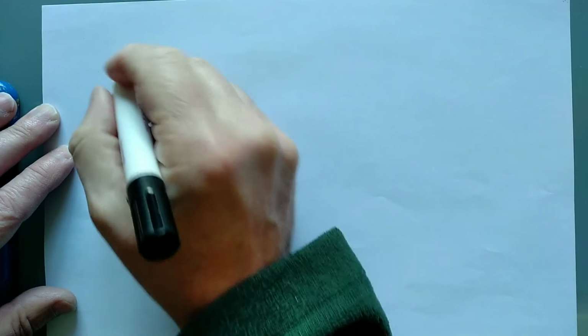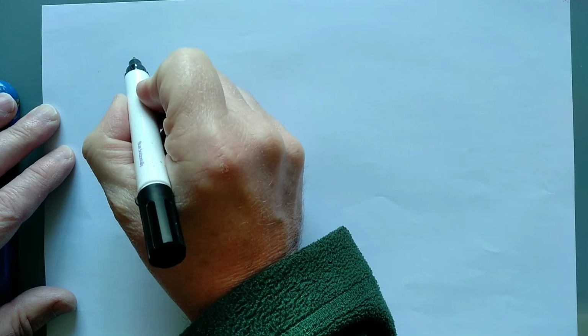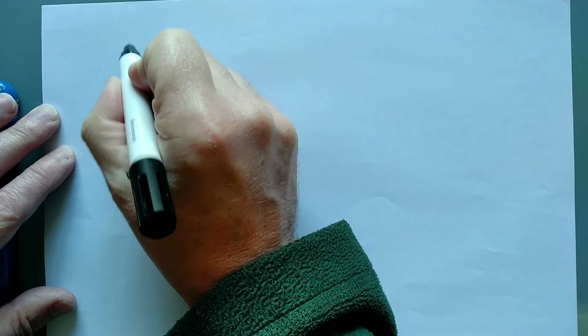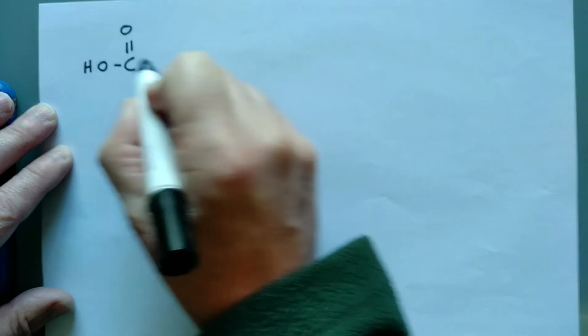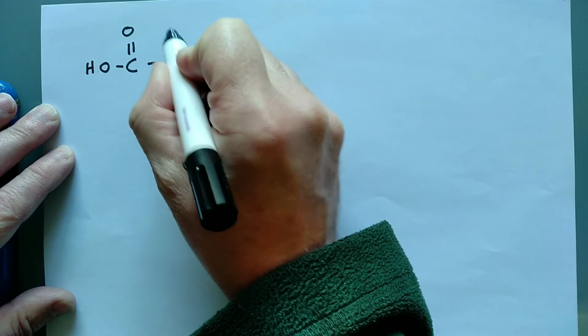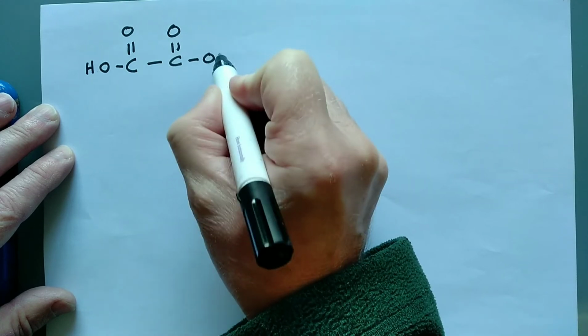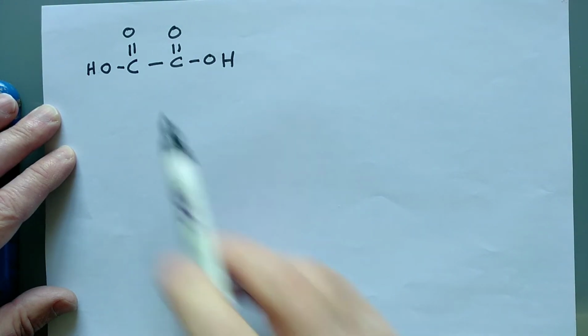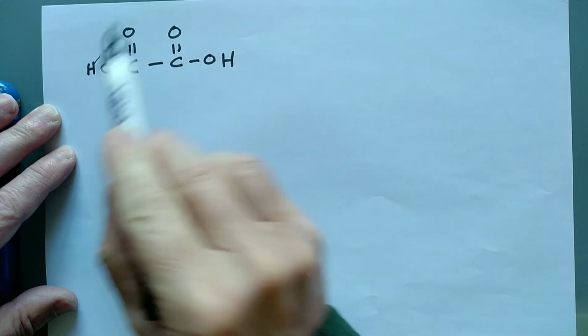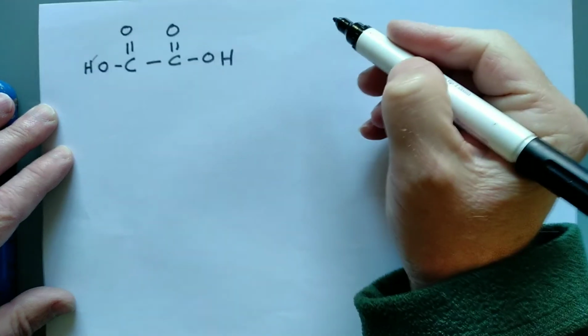Let's think of the simplest dicarboxylic acid we can think of, and that is something like this. That would be ethane dicarboxylic acid. So we've got two carbons and two carboxylic acid groups on there.